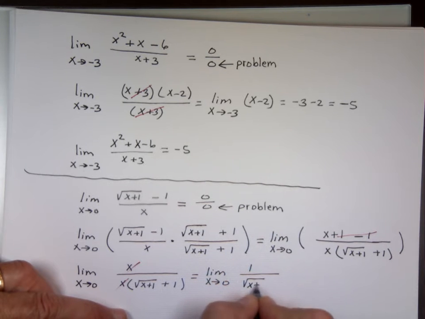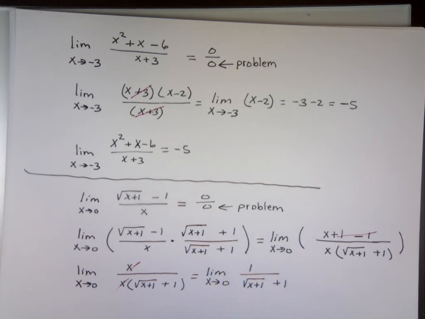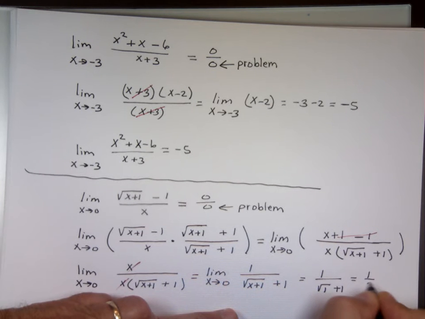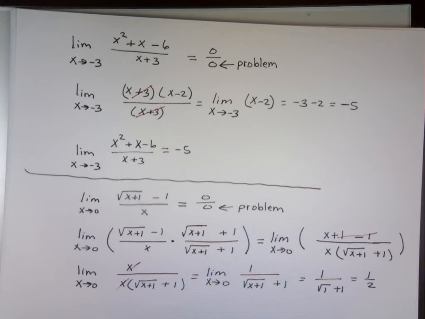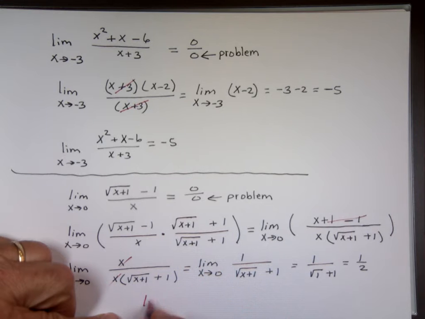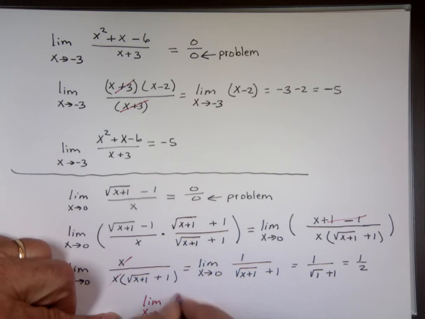Now try direct substitution. So the answer is 1/2. So you write that, the question earlier, how do you write that? You write that the limit as x approaches 0 of the square root of x plus 1 minus 1 over x, the answer is equal to 1/2.